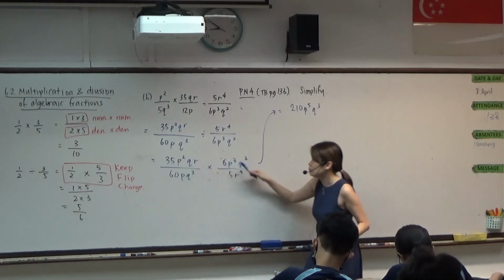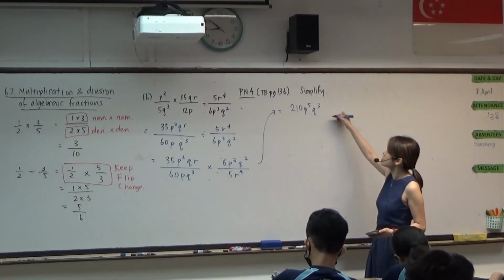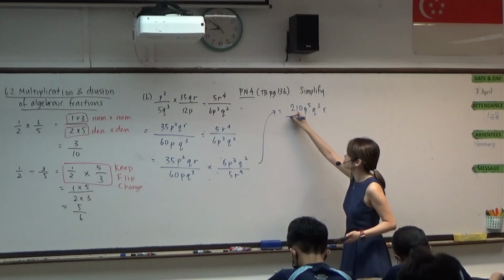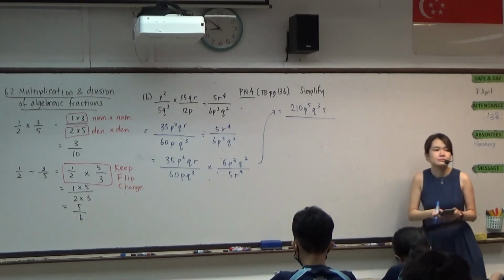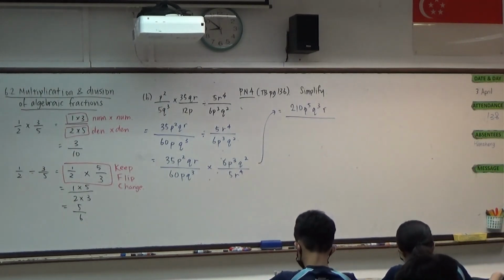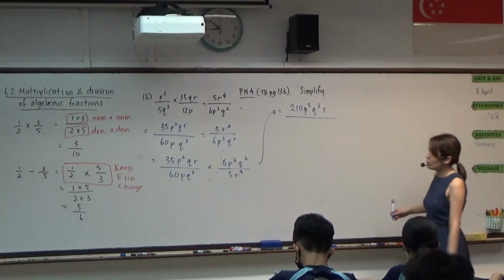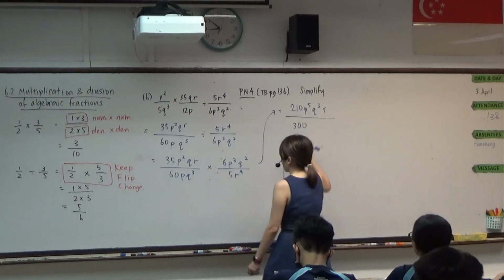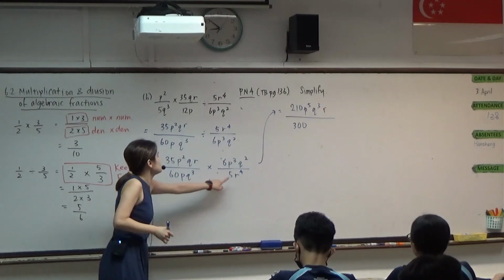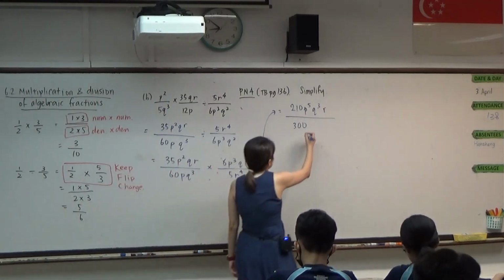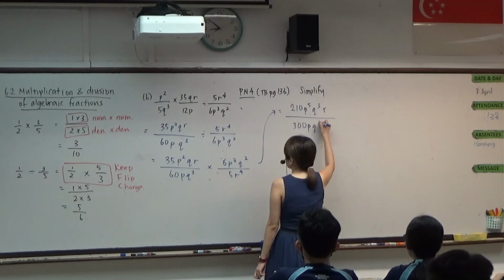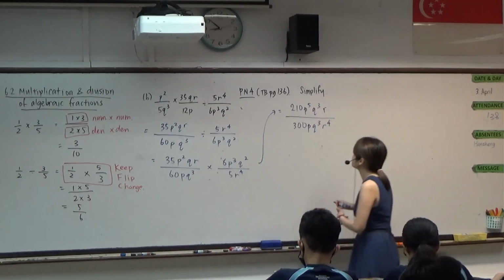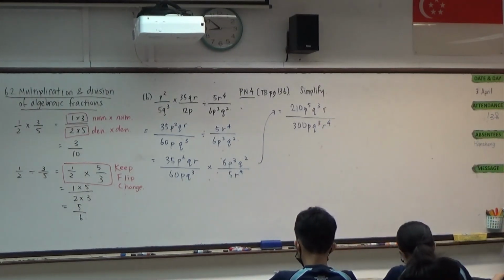When I have Q squared, there will be 3 Q's, and then 1 R. Okay. Then we have in the denominator 60 times 5, that is 300. And then there is no P and Q on the other side, so we have just P, Q, Q, R to the power 4. Okay.